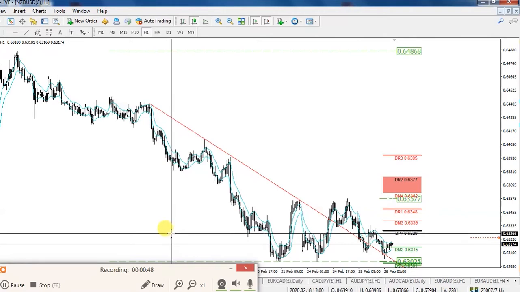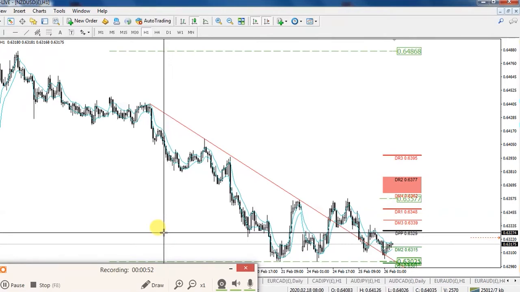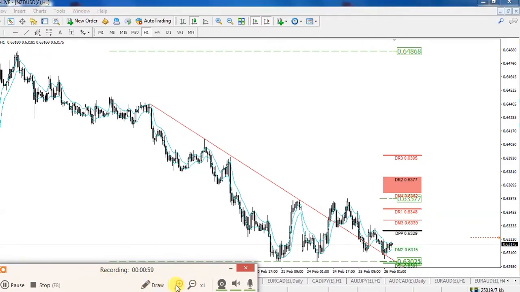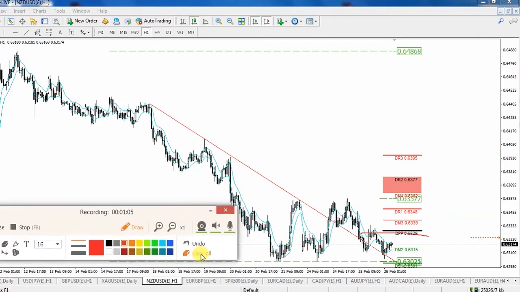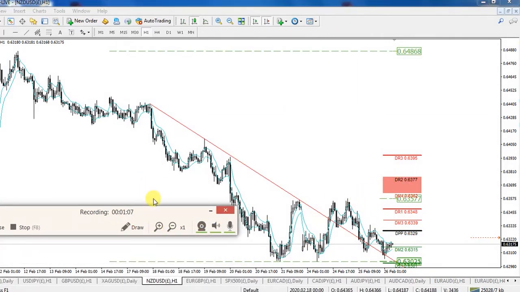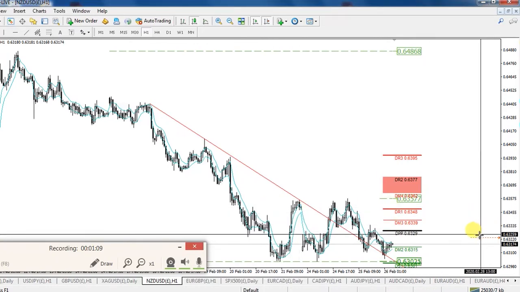It would be around, same as the daily, where that daily pivot is, these highs. So 63.28, 27 around these highs. Also, roughly about these highs we'll be looking to go short from. So let's have a look at what the pip range is.